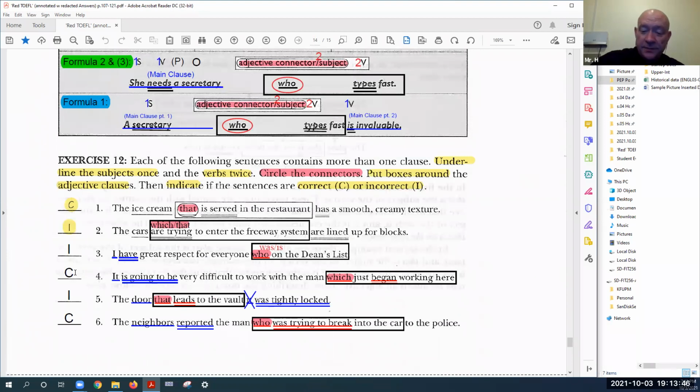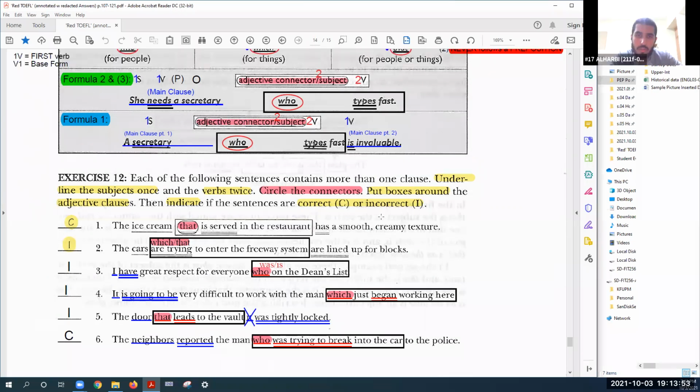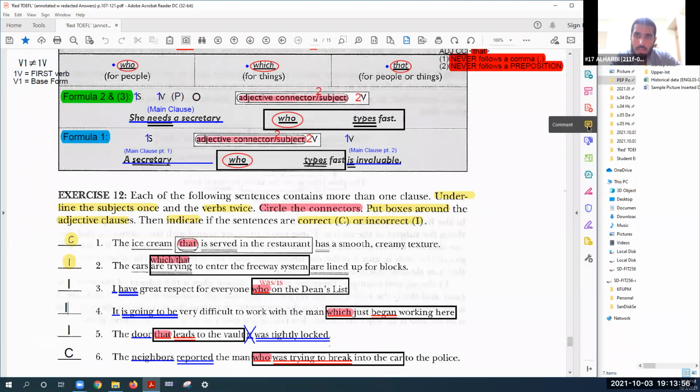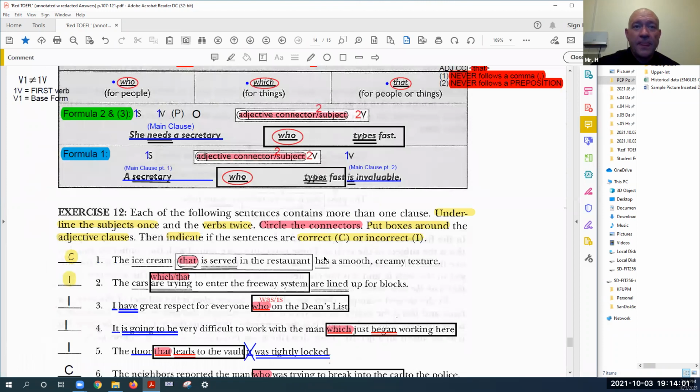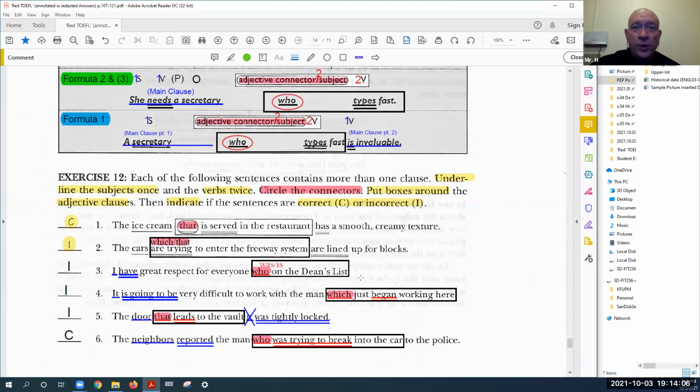What should that be, guys? That is incorrect. And why? What's the problem? Because of which, choose it to who. That's right. We replace which. So I'm going to cross off the connector which, and then, as you said, we need to put which connector, guys?